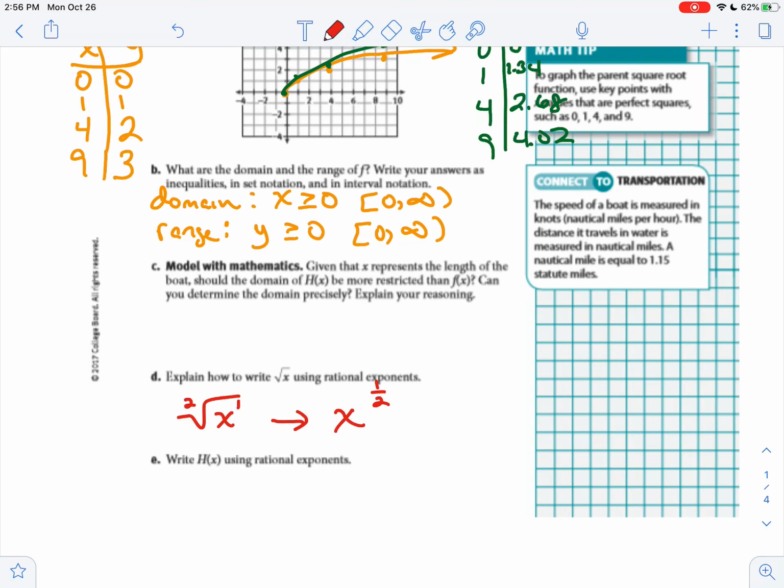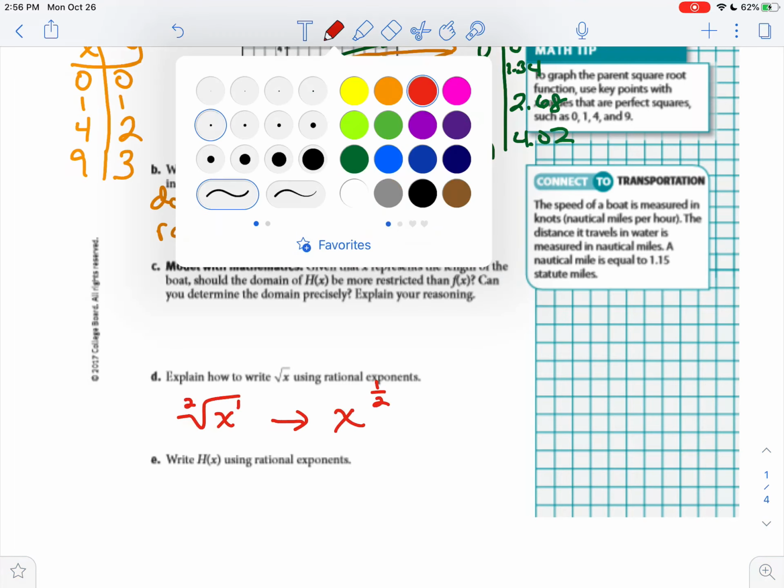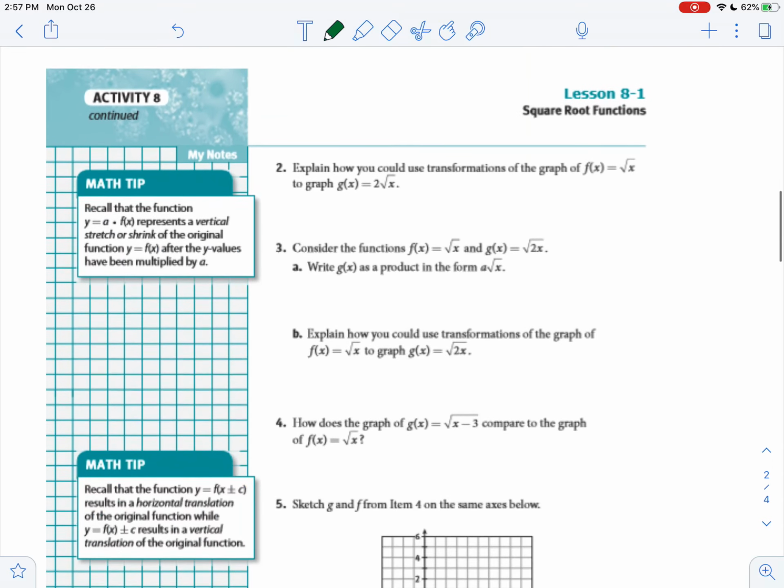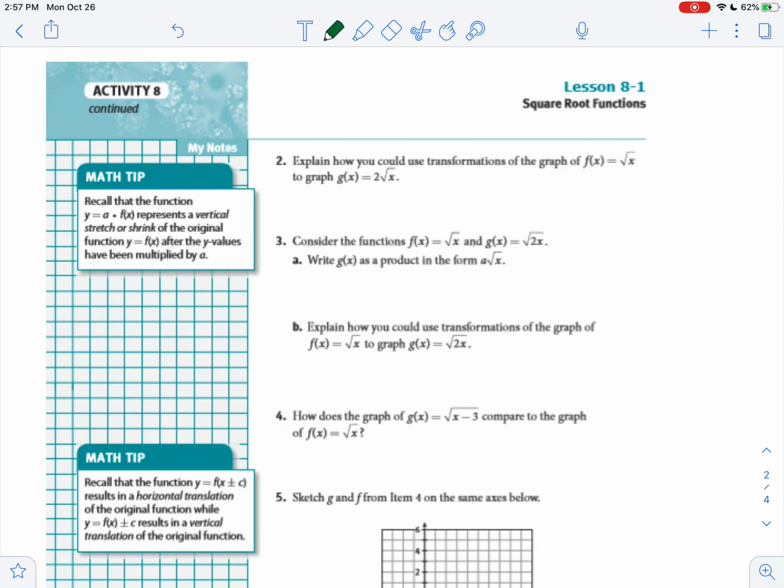So the square root of x can be written as x to the 1/2 power, and you will see it written that way sometimes. If we wanted to write h of x using rational exponents, we could write h of x equals 1.34 times x to the 1/2 power. It's just another way of writing a square root.